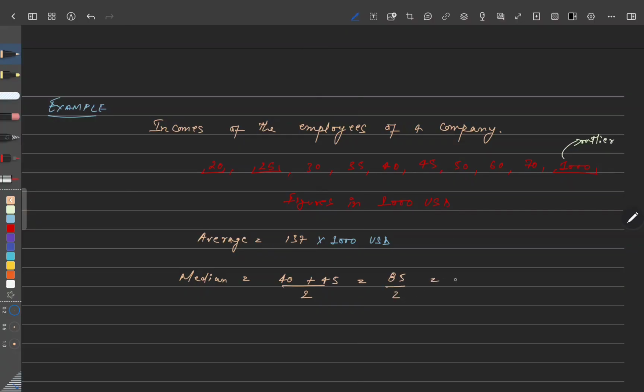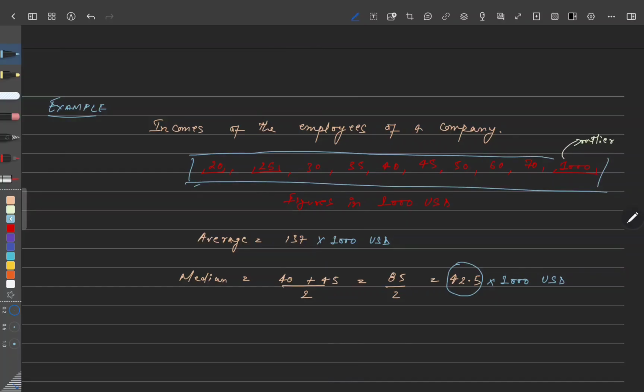We divided by 2, we get 42.5, again in $1,000. So this is our median. Now we can again look at all the numbers in this set, and we can clearly say that median is the correct value. So 42.5 seems like a good representative of all the numbers, and this doesn't get affected by the outlier, which is 1,000.